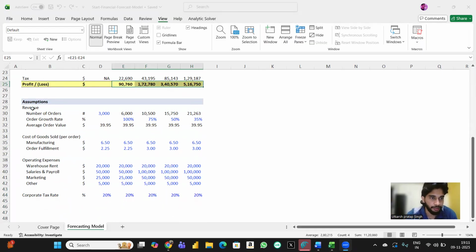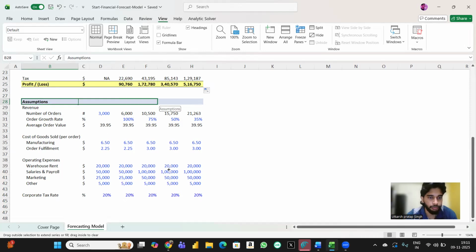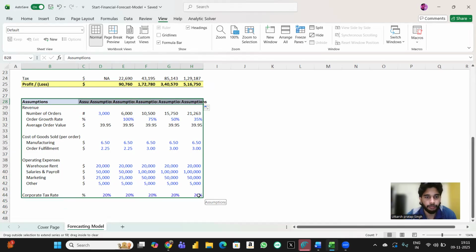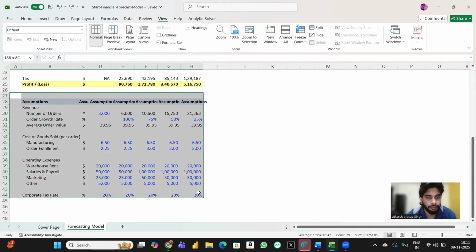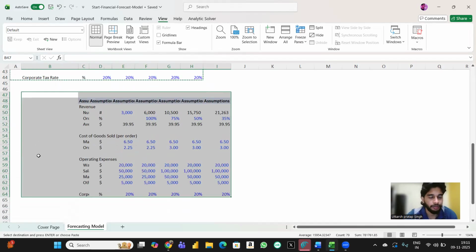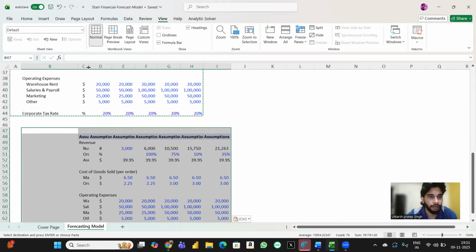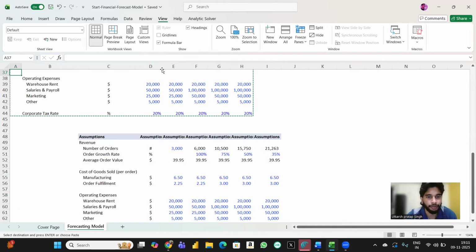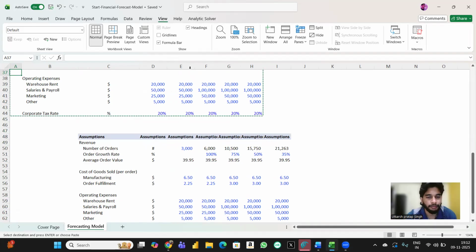The assumption part which we took, we are going to take this whole data, copy it with Control plus C, and paste it here. And we are going to make it a little bit of a table.